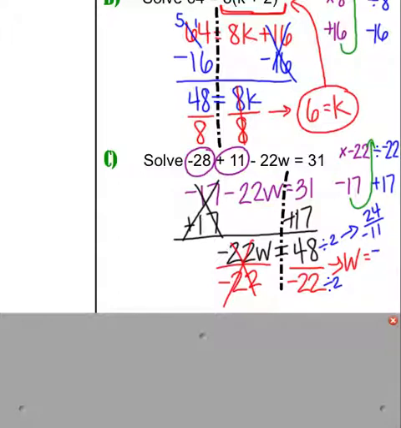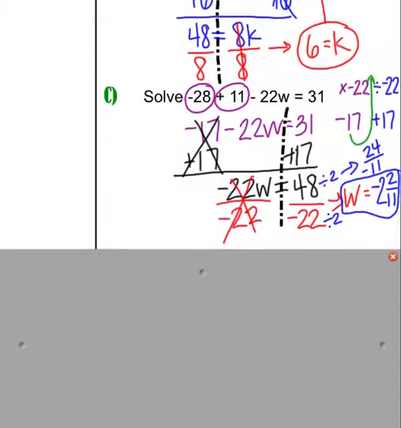So I know my answer is going to be negative. 11 goes into 24 twice, and that gives me 22, which means I'll have 2 11ths left over. So my answer is w equal to negative 2 and 2 11ths. I'm going to let you put that in for a check while we move on to letter D.